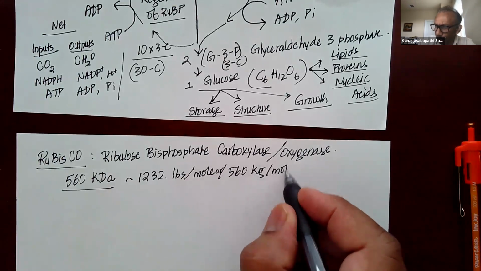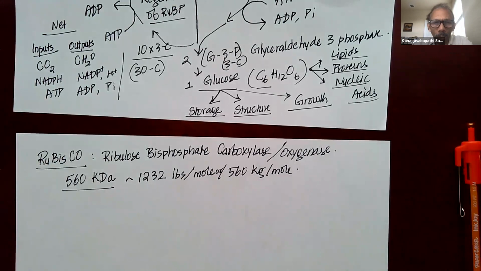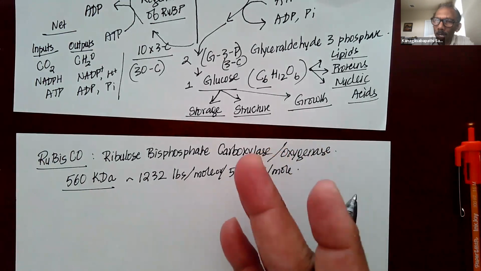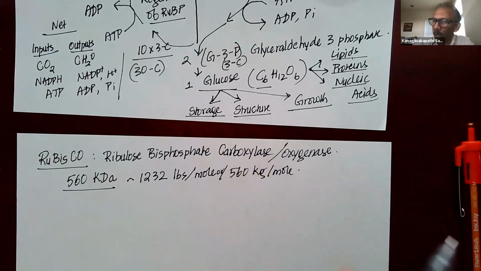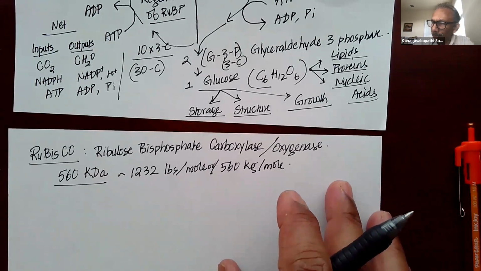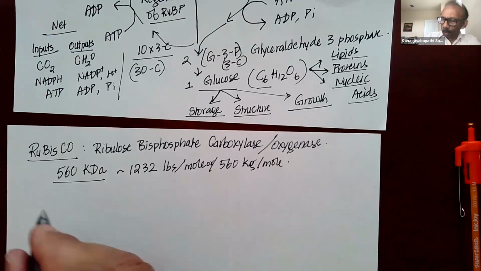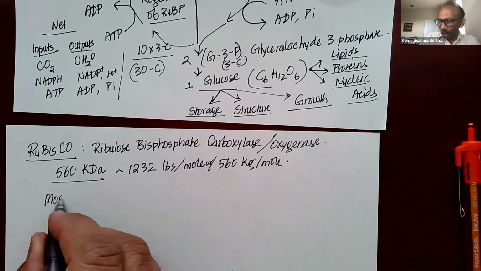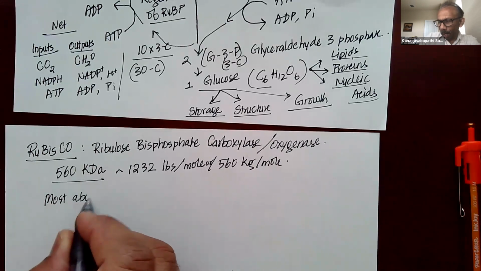So there's another way to look at it. It's a humongous enzyme. It's like half a ton is 1 mole of this enzyme. And 1 mole of glucose is only 180 grams, not even half a pound. So this enzyme is the most abundant enzyme in the world.